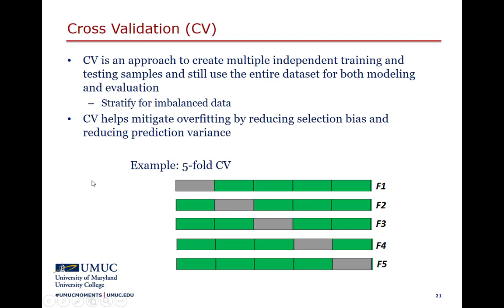But here I'm showing a 5-fold cross-validation. So you split the data into 5 separate splits, right? And now you use 1 fold for testing the model performance, and you train the model on the rest of the data. Okay, so that's one model.